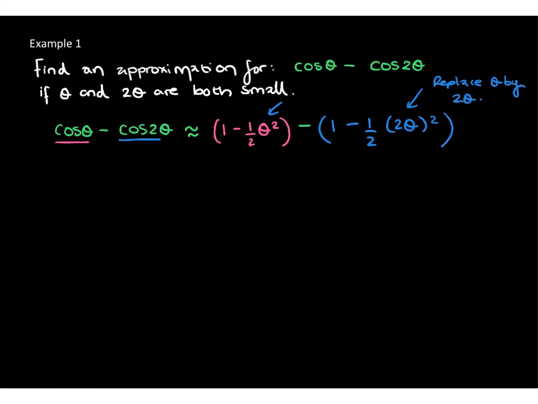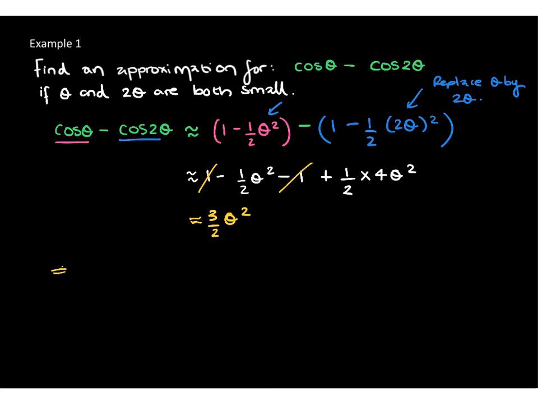Now, let's simplify this carefully. So it's 1 minus a half theta squared minus 1 plus a half multiplied by 4 theta squared. So I get a neat cancellation of 1 subtract 1 here, and the rest of this simplifies to give me 3 over 2 theta squared.